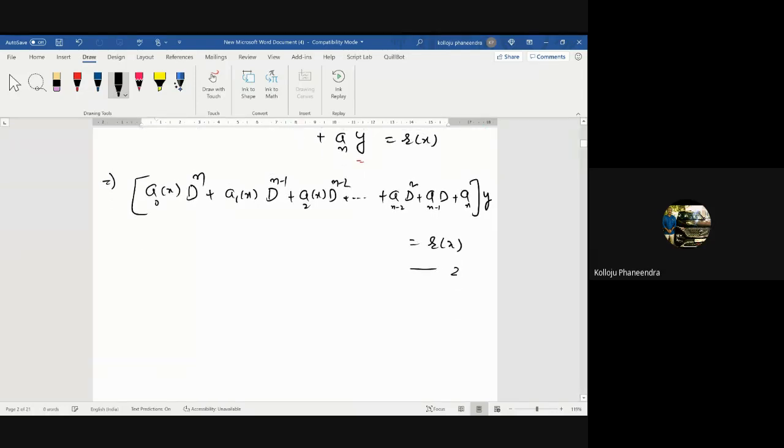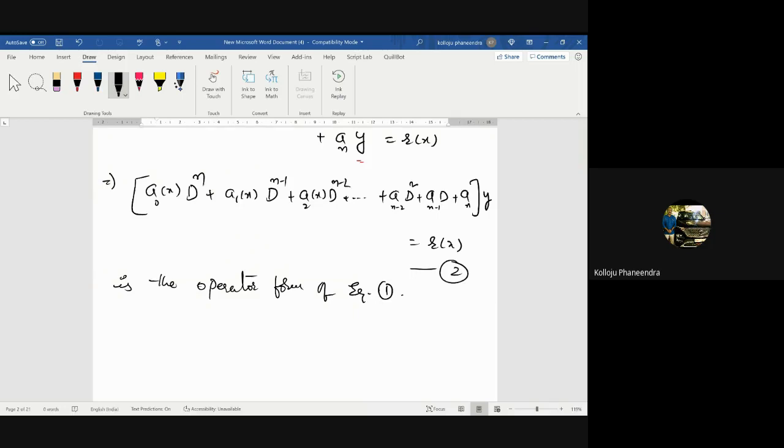This is equation 2. Equation 2 is the operator form of equation 1.